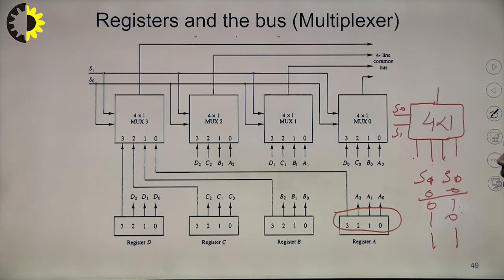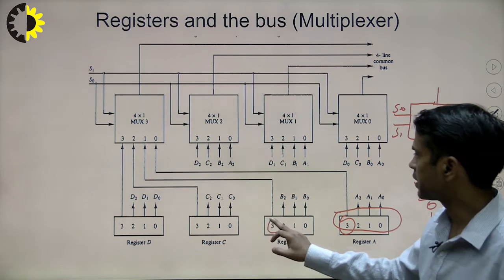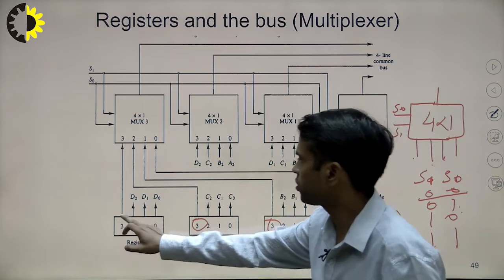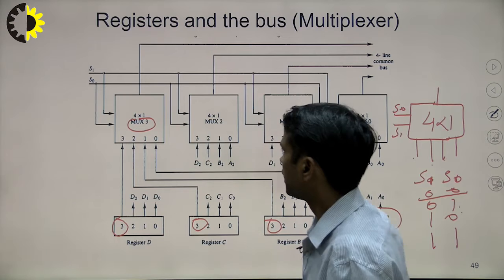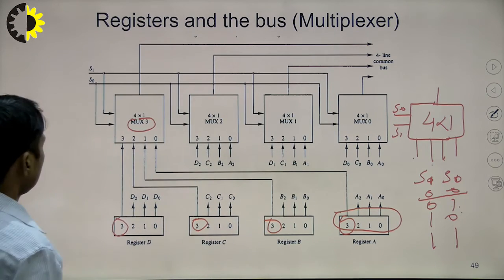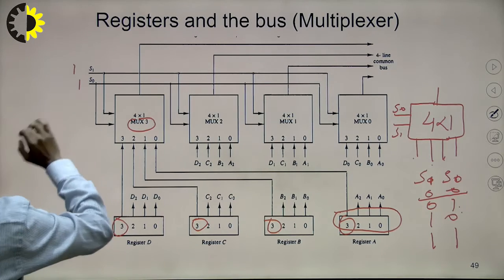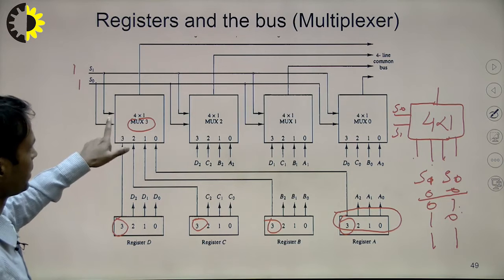So, we can see with this diagram that the third bit of each register is going to multiplexer 3. Now, very interesting, when the selection line is 1 1, it will select the third bit.